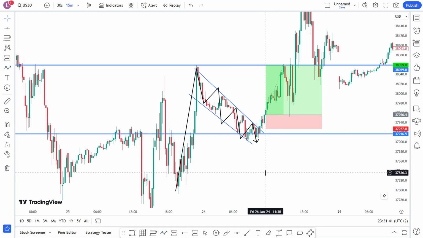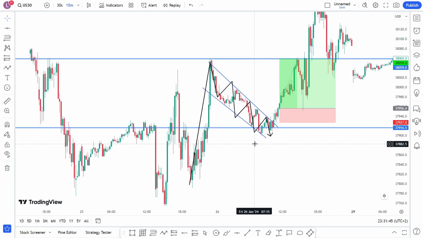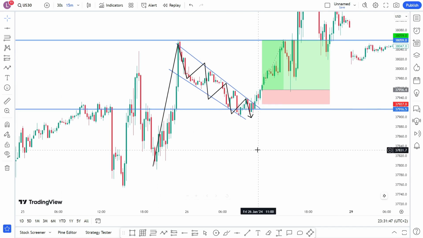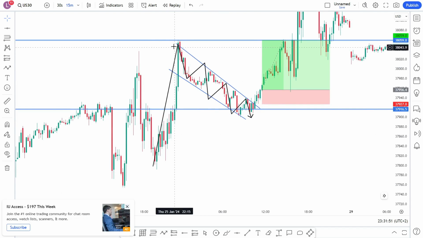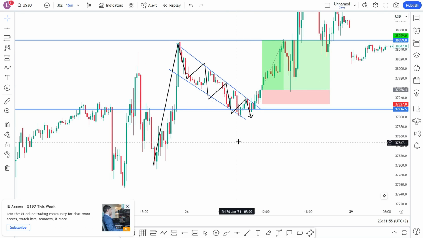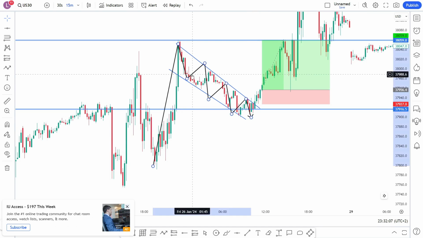For those who can see right over here, the market created an impulse, then a correction, which is a flag over here. I knew that the moment we break out of this channel, we're going to start looking at buying opportunities. So let me delete this right over here.